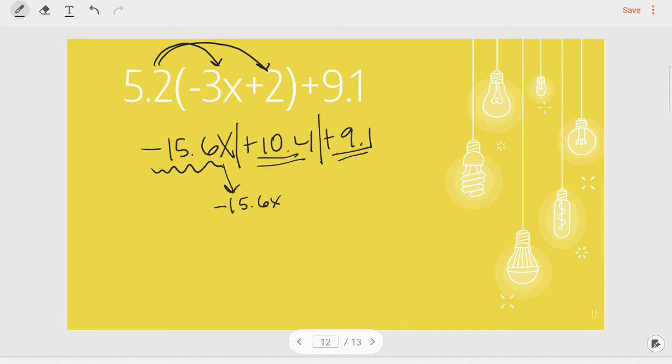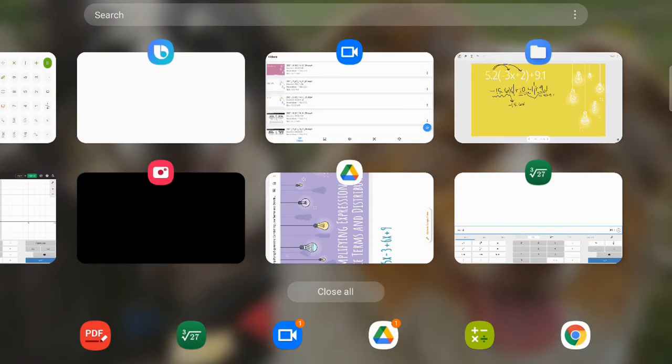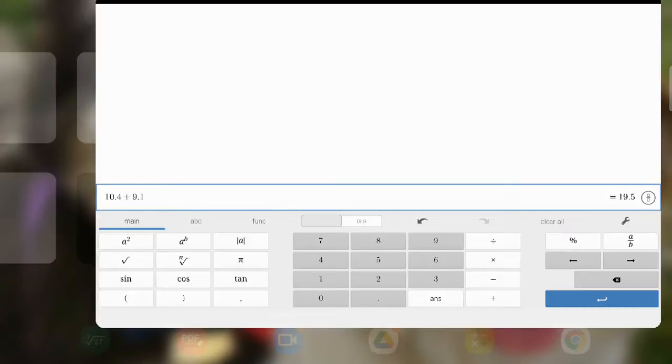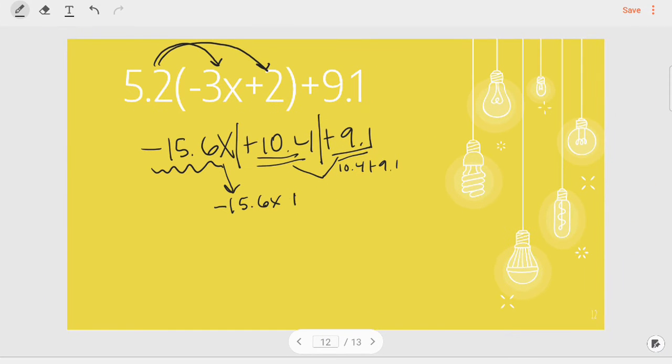Same with 9.1, so I can combine those. 10.4 plus 9.1 gives me a total of 19.5. And that would be my final answer. Remember, since it was a positive, I need to make sure that there's a plus sign in between.